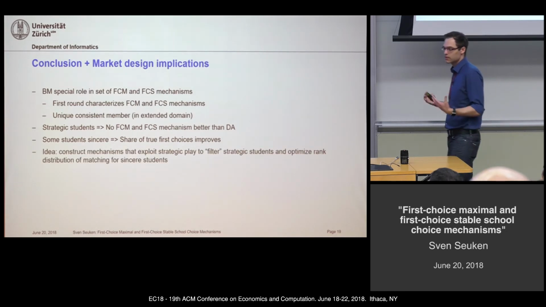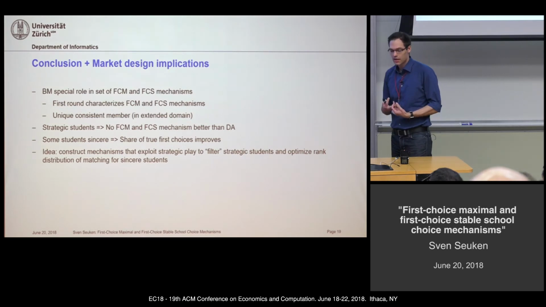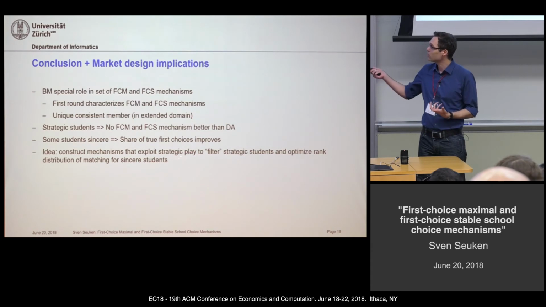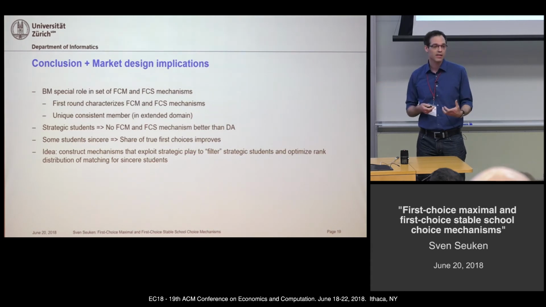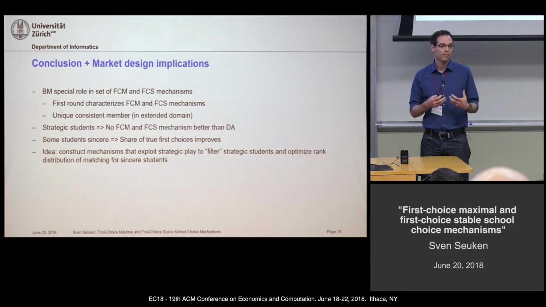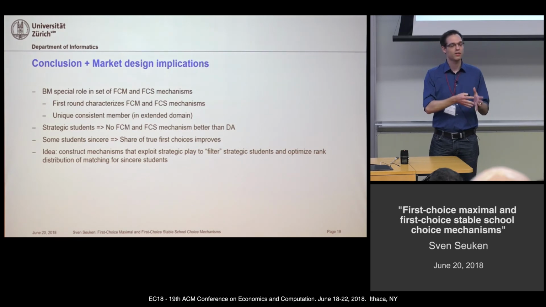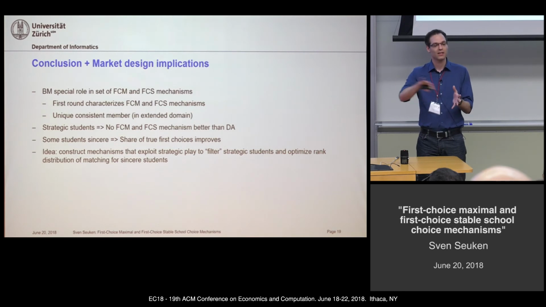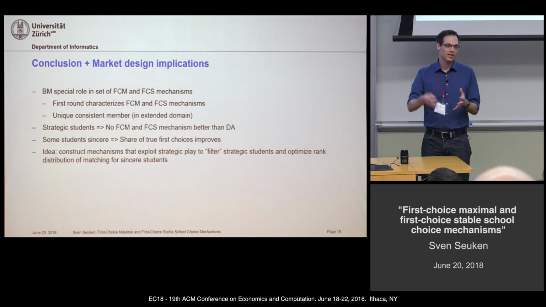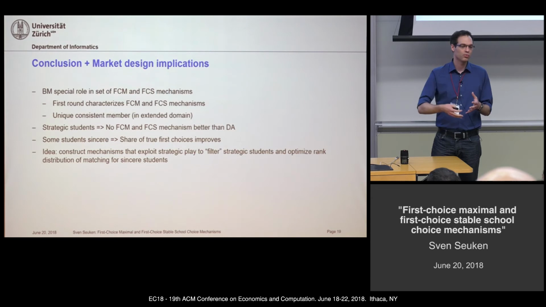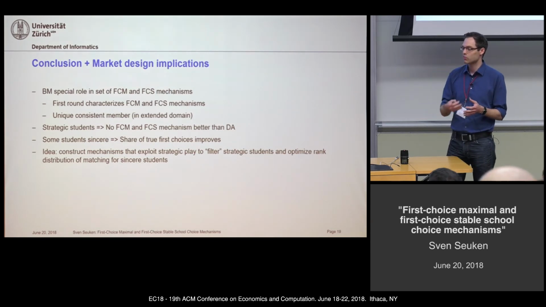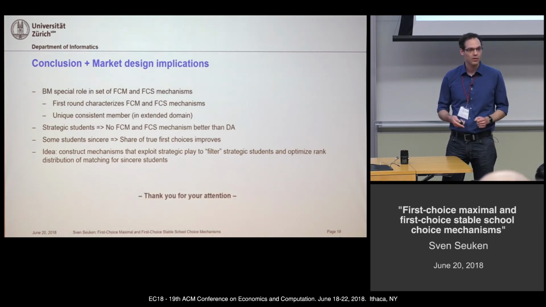We also have some idea that if you can expect some students to be sincere, you can exploit this to design new mechanisms that actually work with the strategic students in the first round and then take the sincere students that are left in the second and further rounds and apply a rank improving mechanism to improve overall efficiency even further. Okay, thank you very much for your attention.